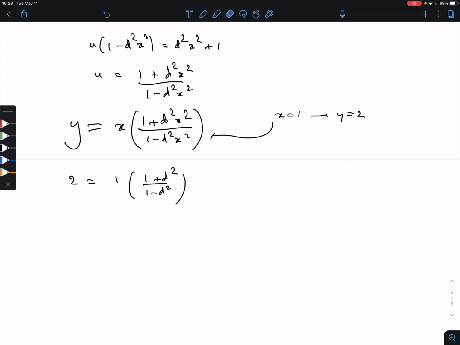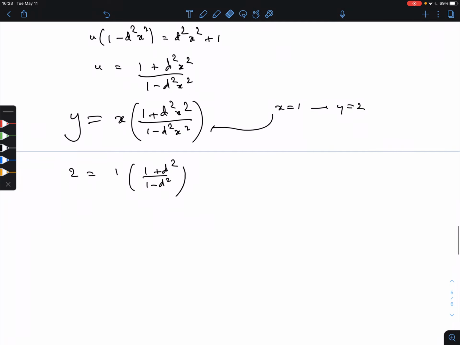It's a bit tedious. Now, remember, d squared, it's annoying that I have written d squared.